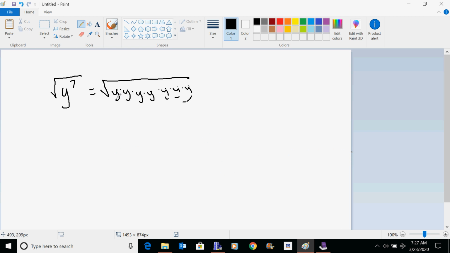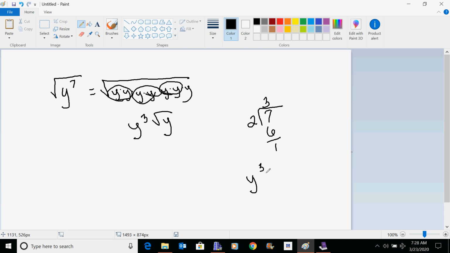So there's 1, 2, 3 groups of 2. Or you can do the easier thing where you're taking 7 divided by 2, and here we have 3 with 1 remaining. So here's another way to go directly to y cubed square root of y.